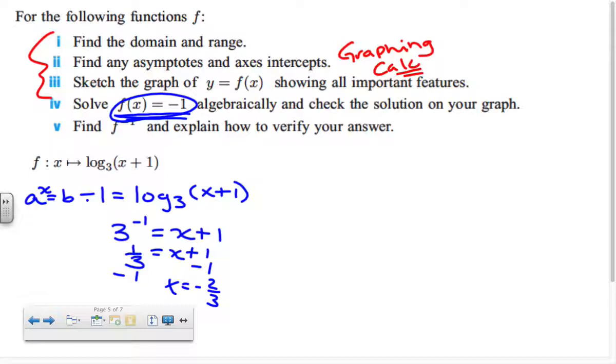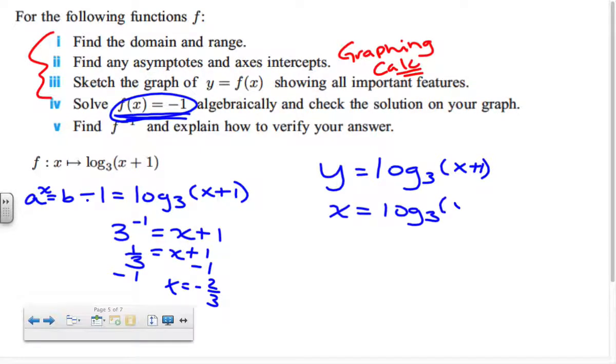So if I have f of x equals, well, let's change that to y equals log base 3 of x plus 1. Okay, and I want to do the inverse. I'm going to go x equals log base 3 of y plus 1.